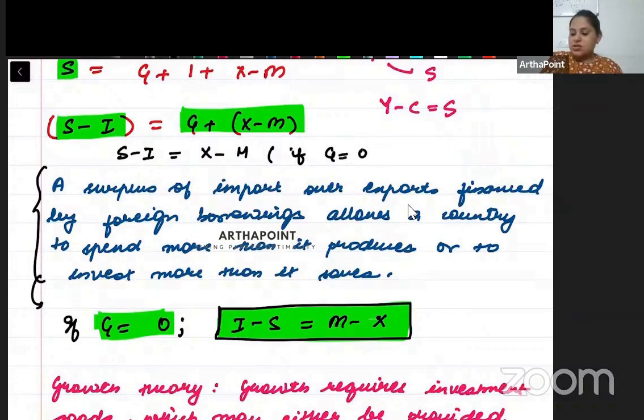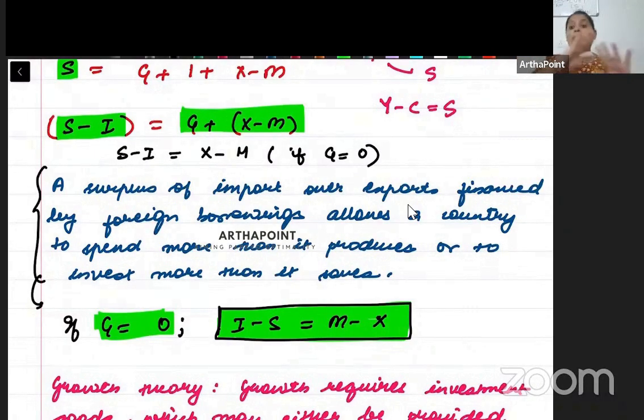Or what you can think is that this is equivalent, if I reverse this, ulta kar do, I minus S is equal to M minus X. ठीक है?